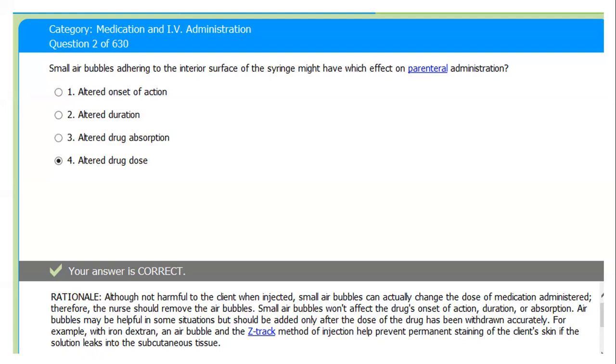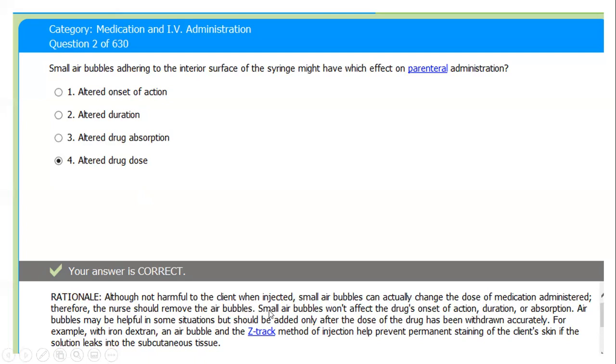And when they pass through the microcirculation, they get stuck, like in the pulmonary circulation or cerebral circulation, and then can develop pulmonary embolism or stroke. So as a healthcare provider, it is our priority to remove the air bubble.